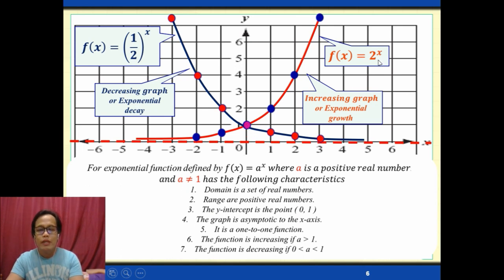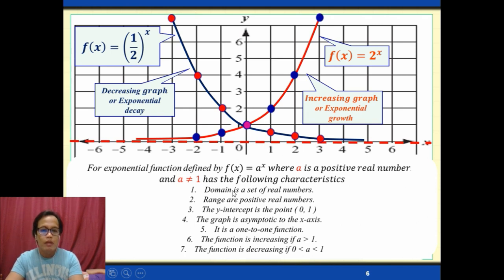Meaning, whatever kind of function of this form will always cross the point (0, 1). Any function of this form, like 3 raised to x, 4 raised to x, 5 raised to x, this standard form, will always cross this point (0, 1).